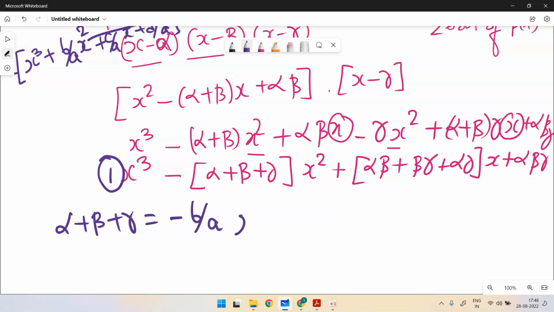Second, the x term is c by a. So alpha beta plus beta gamma plus alpha gamma is equal to c by a. And the constant is d by a.